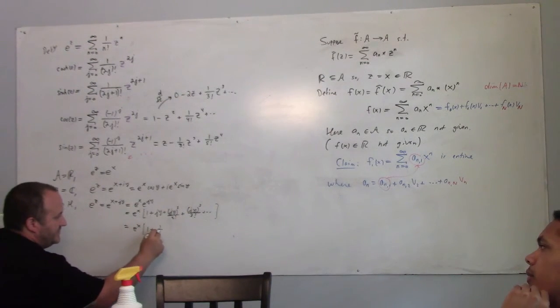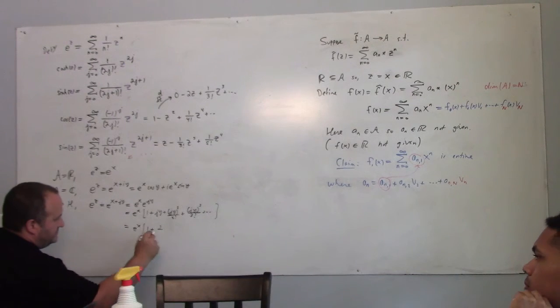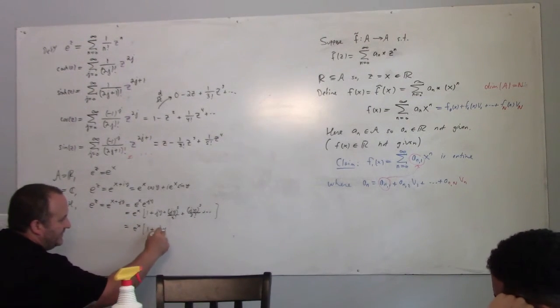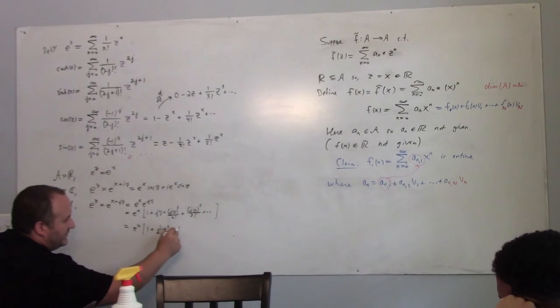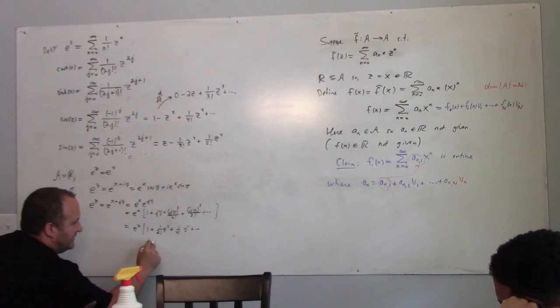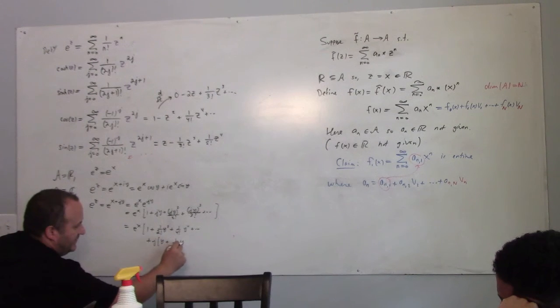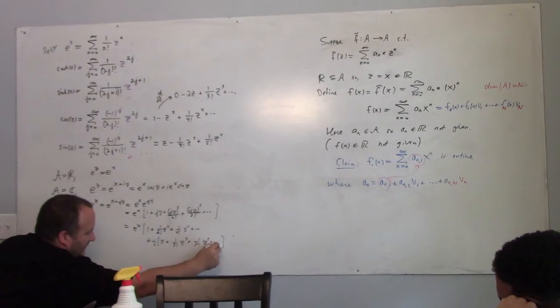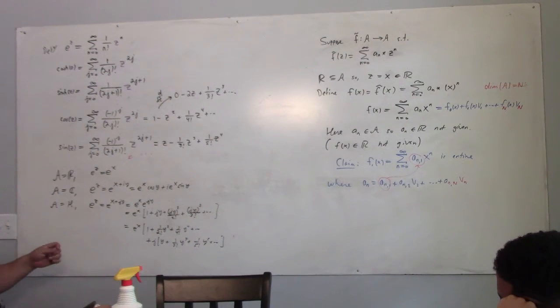They go to 1 every other time, right? So you get 1 plus 1 over 2 factorial y squared, plus 1 over 4 factorial y to the 4th, plus j times y plus 1 over 3 factorial y cubed, 1 over 5 factorial y to the 5th. See, for all the odd powers of j, there's a j that survives.